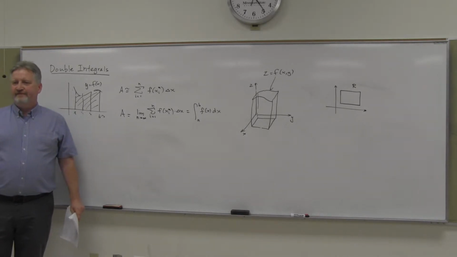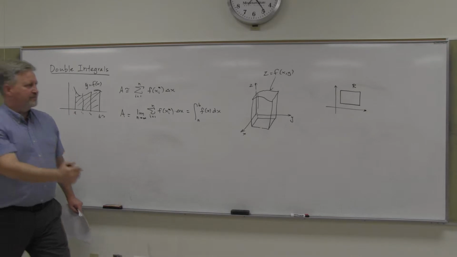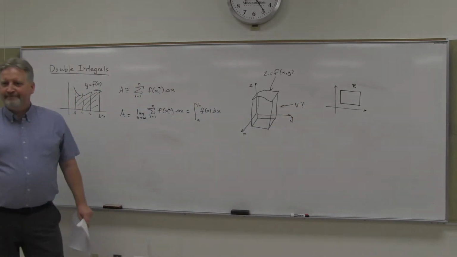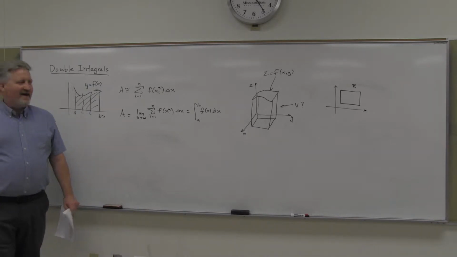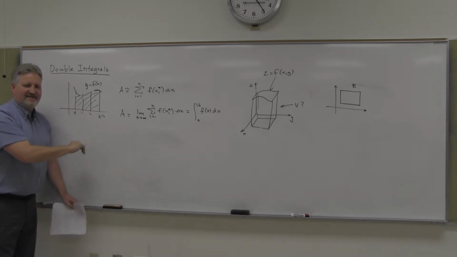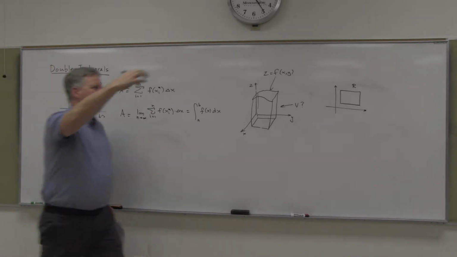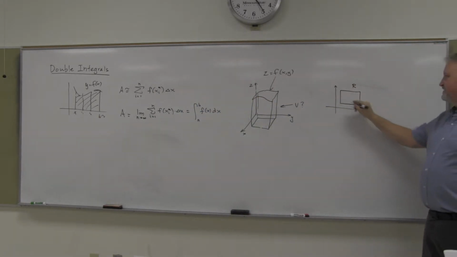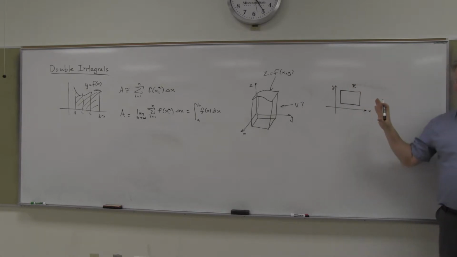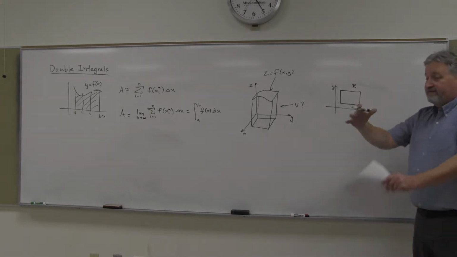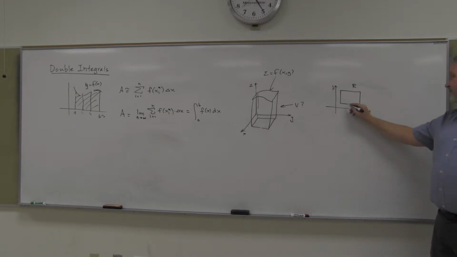So that's the idea. So instead of area, I'm dealing with volume. So I want to know what is that volume there. Okay? All right, now, so how do I do that? Well, just like I divided up the x-axis here into parts, I've got to divide my rectangular region up into parts. Now, of course, the complication is I've got 2 dimensions I'm dealing with, and so I have to divvy up the x's and the y's into increments, and they don't have to be the same number of increments.